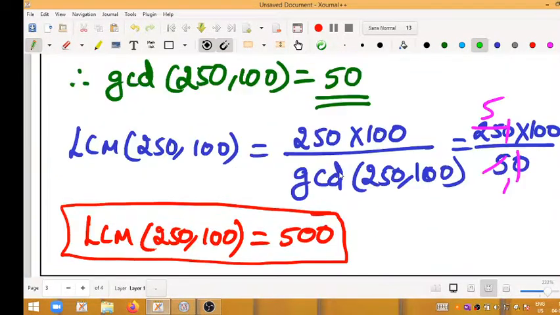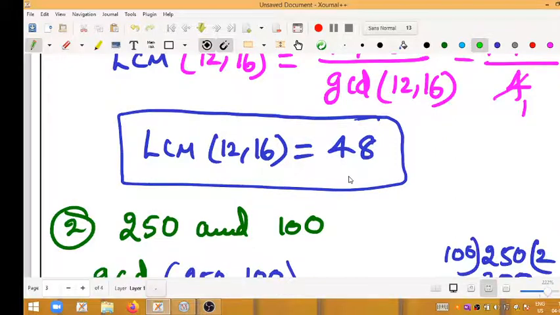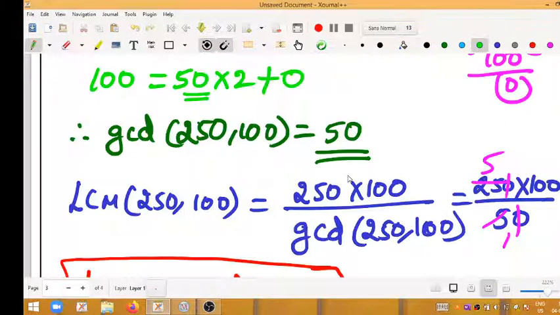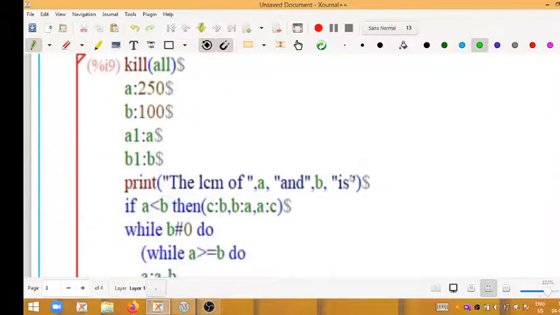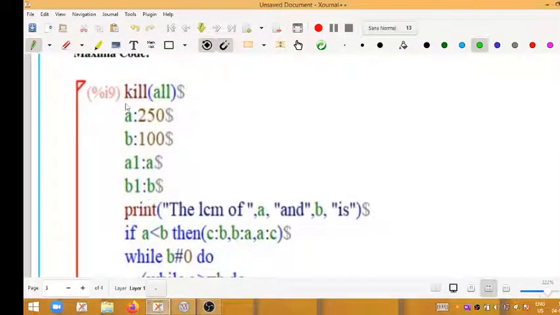Now this is the theoretical part. Now I want to move to the program part. So in the program part, in general, we have to write the given integers. First one integer we call A, and one more integer we call B. So in the first problem, I am taking 250 and 100.